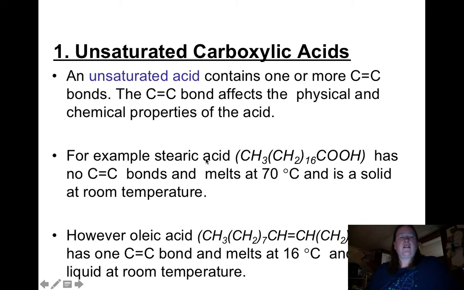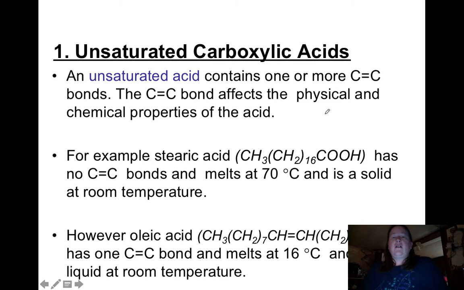Stearic acid is a saturated fatty acid, and it has a melting temperature of 70 degrees Celsius, which means that at room temperature it's going to be a solid. Oleic acid is an unsaturated fatty acid, and with only one double carbon bond, ends up having a much lower melting temperature, so it's typically liquid at room temperature.